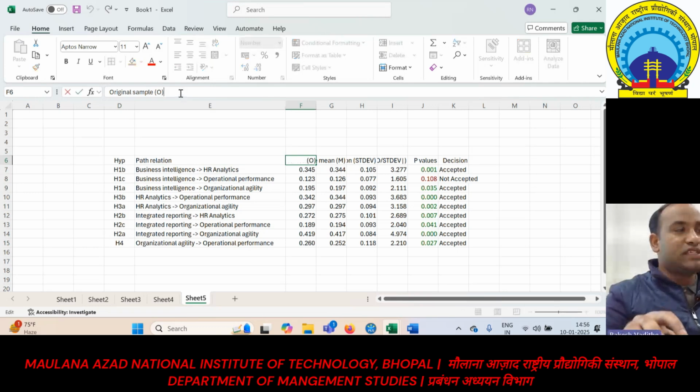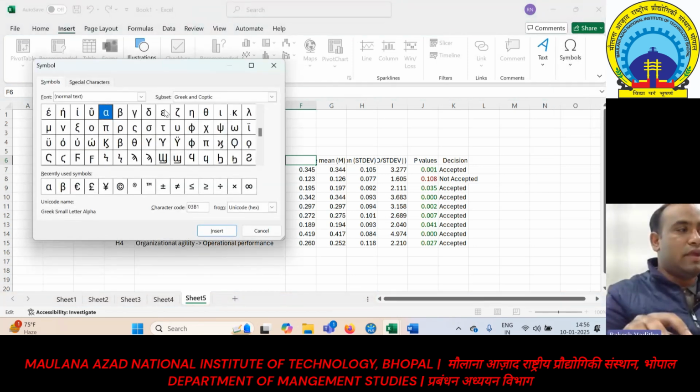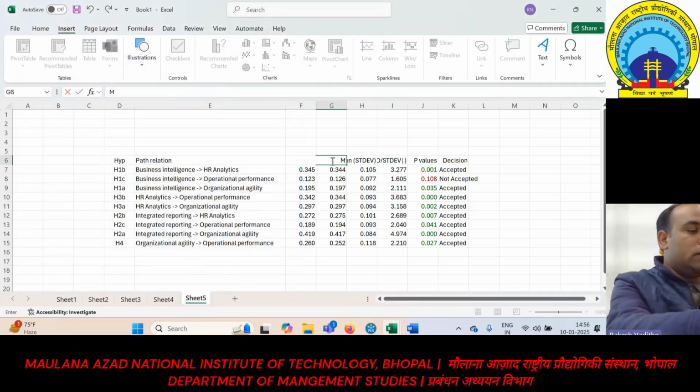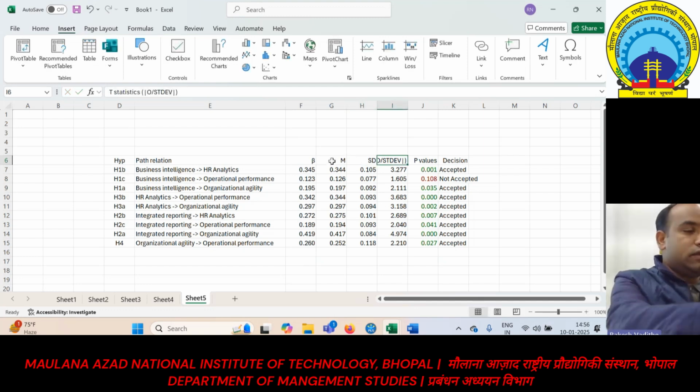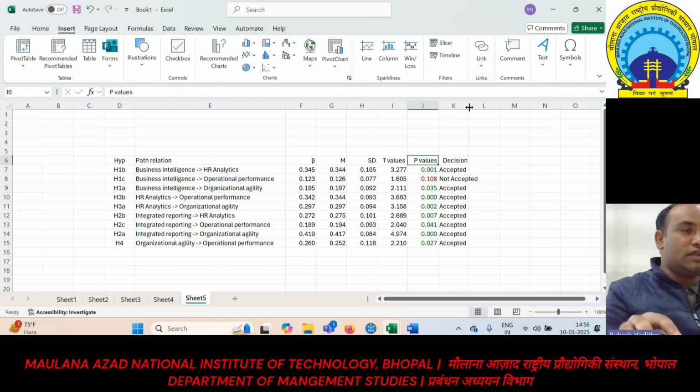In place of original sample, we have to keep the path, that is the beta value. Here mean, SD means standard deviation. T statistics, you have to mention the T values. P values, the decision, same.